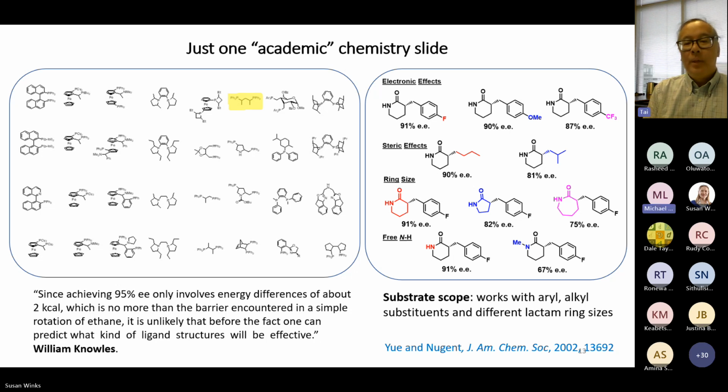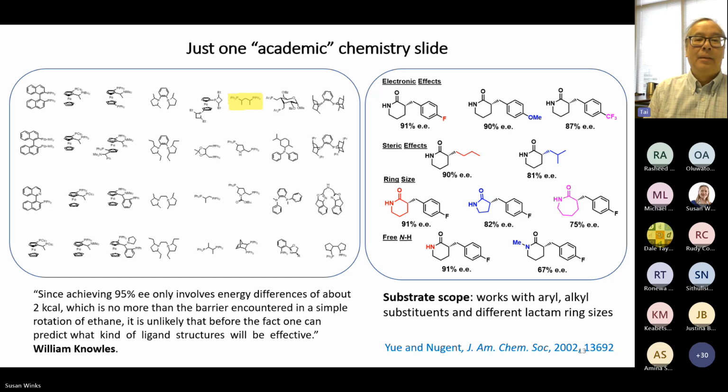So, we expanded the scope and we reported it in a paper in JACS some years ago. The fun part really is, when you look at the ligands over on the left side, I highlighted the one that is the best. It turned out to be almost the simplest, cheapest, and conformationally most flexible ligand out of all of these.